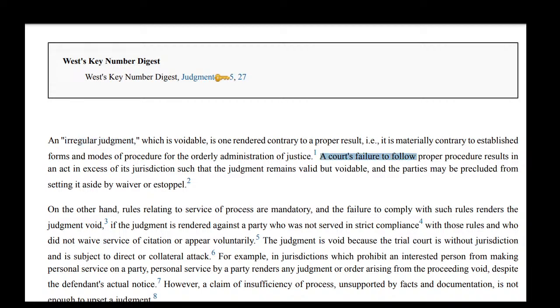A court's failure to follow proper procedure results in an act in excess of its jurisdiction, such that the judgment remains valid but voidable, and the parties may be precluded from setting it aside by waiver or estoppel.